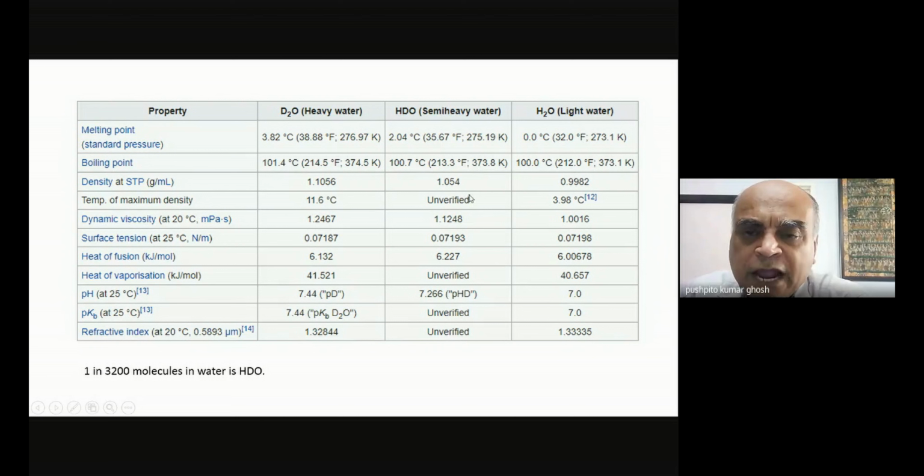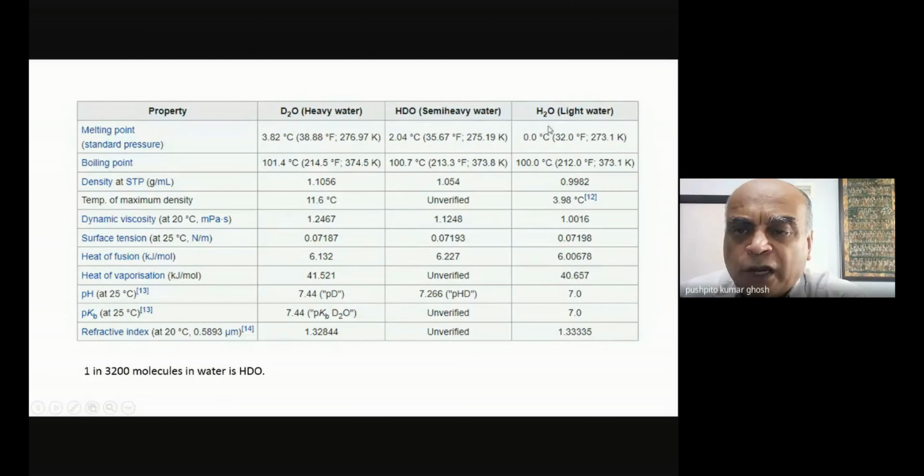So if you continuously do a fractional distillation, you distill, you condense, and the bottom part will have a little more of the HDO.